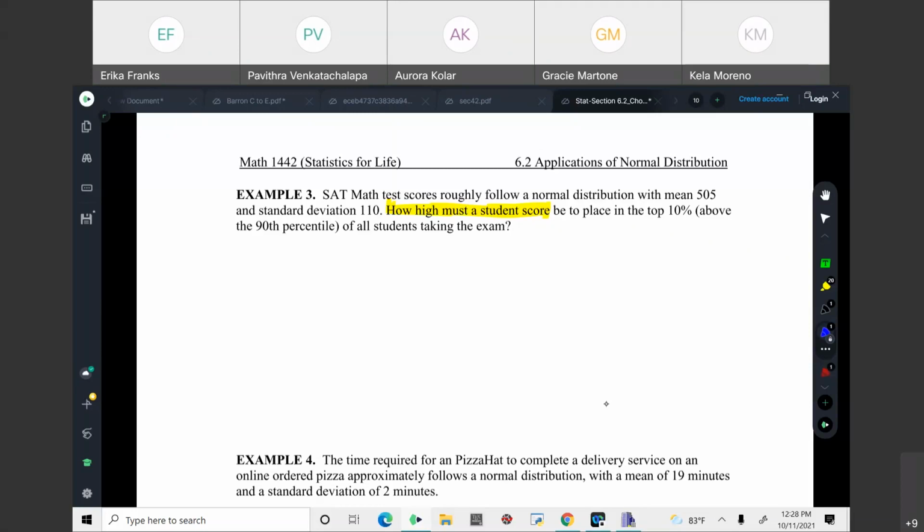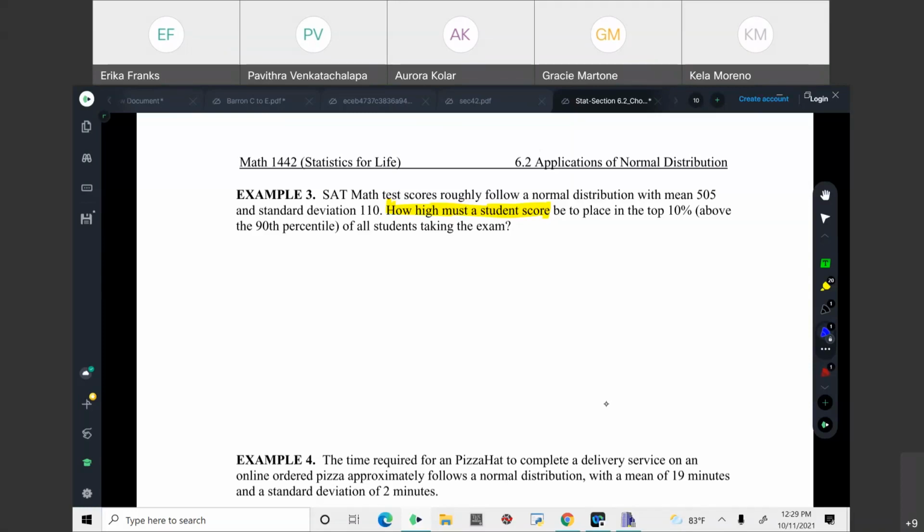The given hint here is they are saying above the 90th percentile. So that means it is greater than the 90th percentile, right? Whenever it is given like greater, top, or above, that means you are going to subtract the given value from 1. So it is going to be 1 minus 10%, which is 0.1.